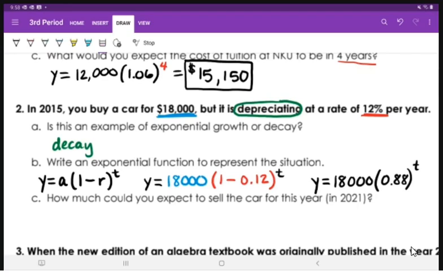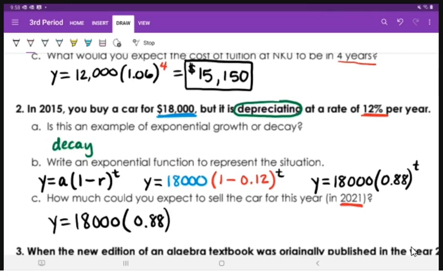All right, so let's move on to part C. Part C requires us to take our formula, y equals 18,000 times 0.88 to the t, but instead of t, we're going to be plugging in a number. They want us to figure out how much the car will sell for in the year 2021. So am I just going to plug 2021 in for t? Holy moly, heck no, that's not how this works.